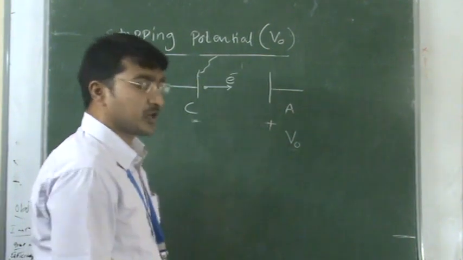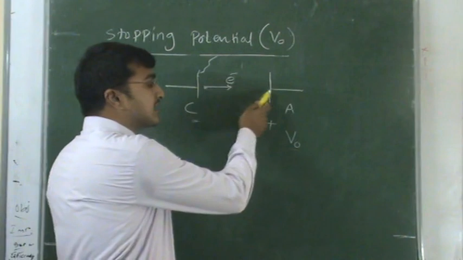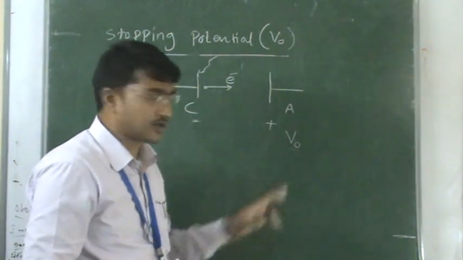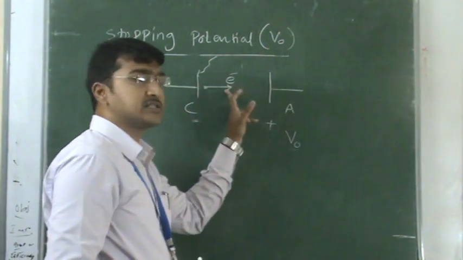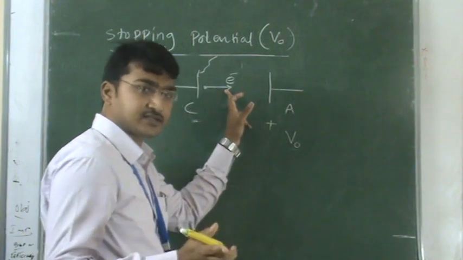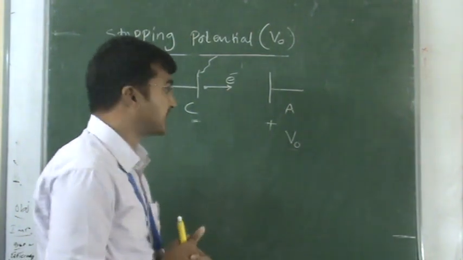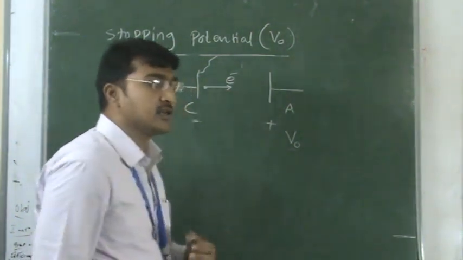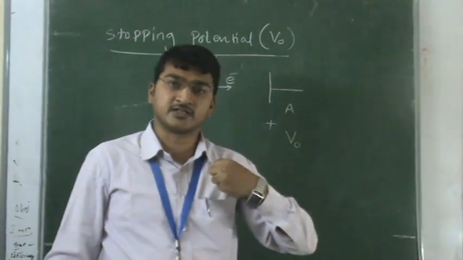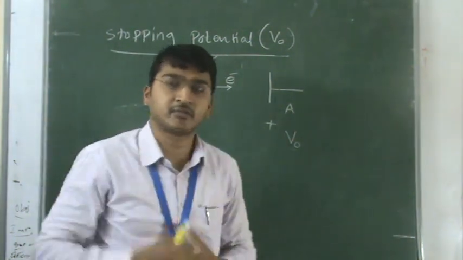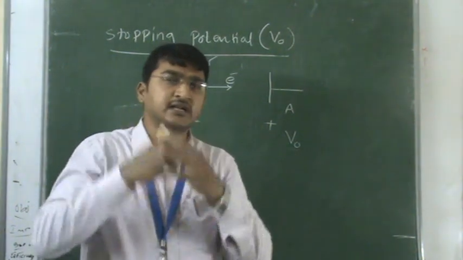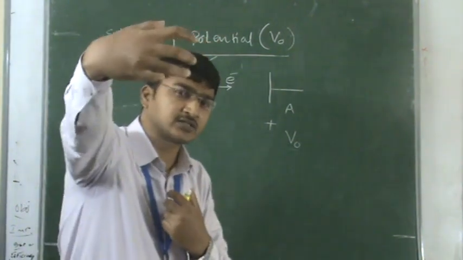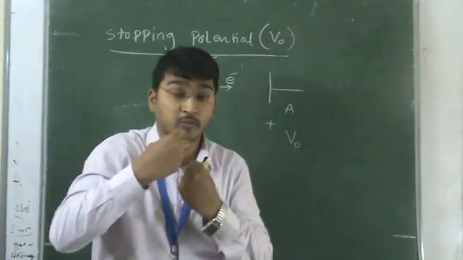At the stopping potential, what happens? No electrons will reach the anode. At stopping potential, no electrons reach the anode. Already we discussed the stopping potential definition. No electron reaches. That means electrons have kinetic energy when ejecting from the cathode. So the electrons come towards the anode plate with some amount of energy.